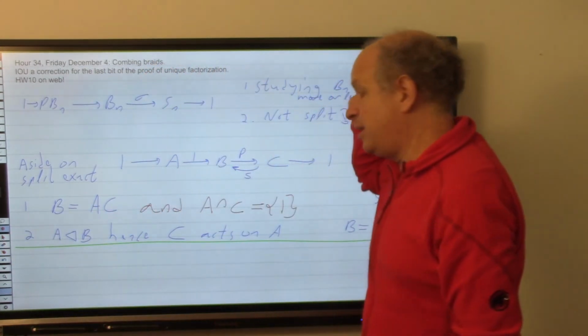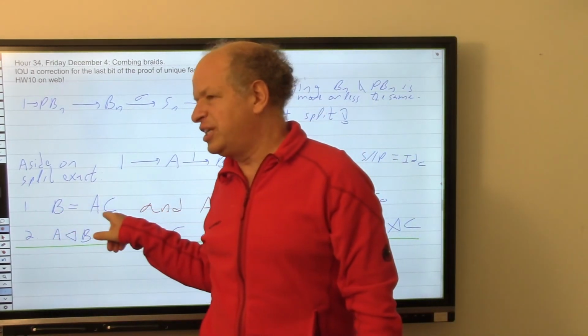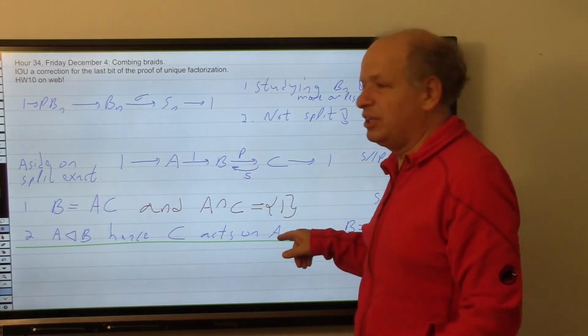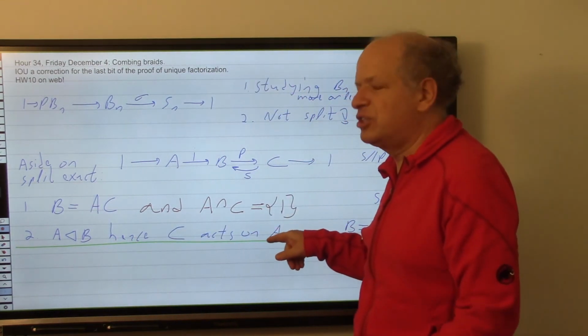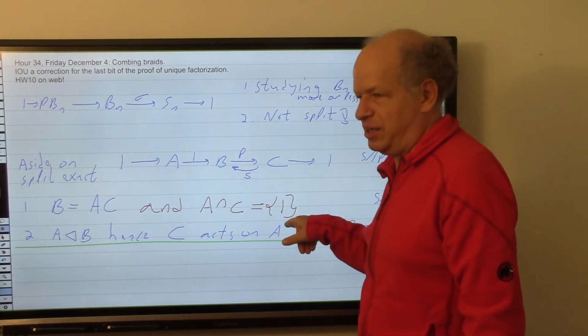In such case, we have shown that B is equal to A times C. We haven't shown, but it's kind of trivial, that A intersect C is 1.